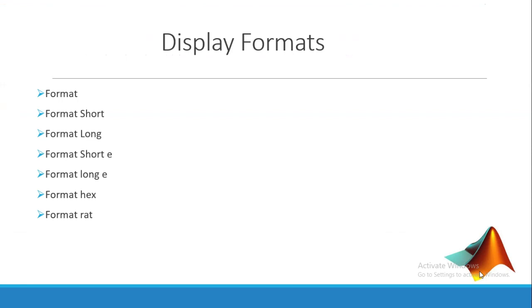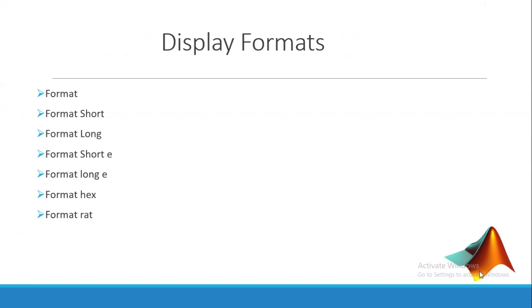We have the format long, which displays the answer in 16 digits. We have the format short e, which displays the answer in 5 digits plus exponent. Then the format long e displays the answer in 16 digits plus exponent. Then we have format hex, which displays your answer in a hexadecimal form.